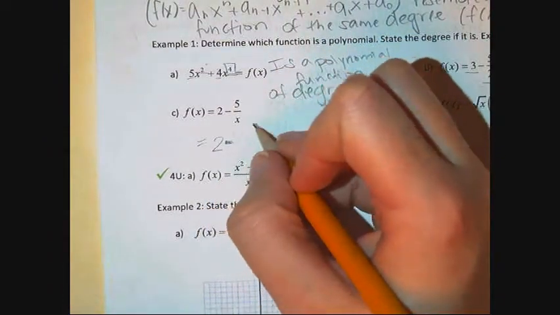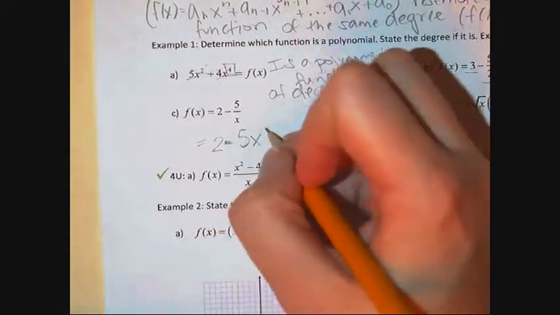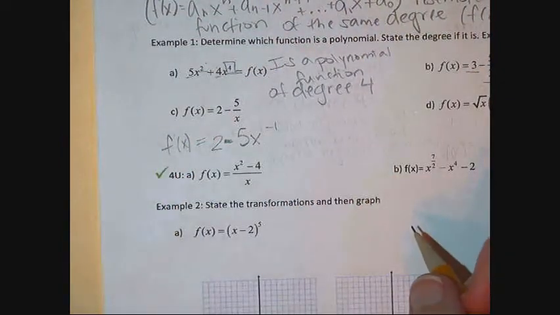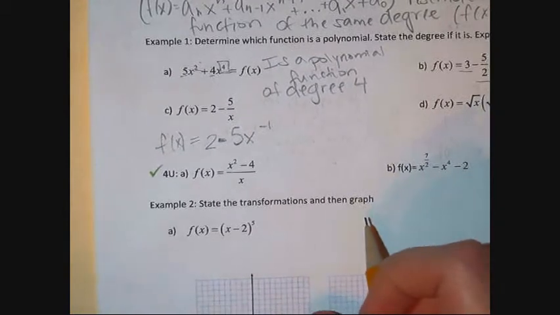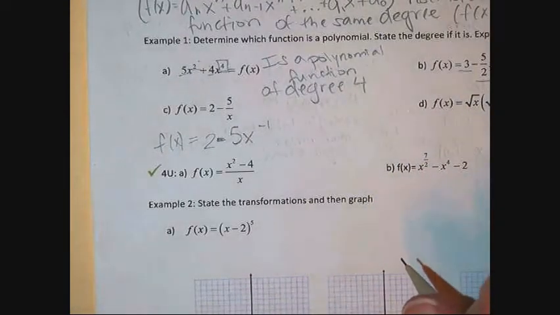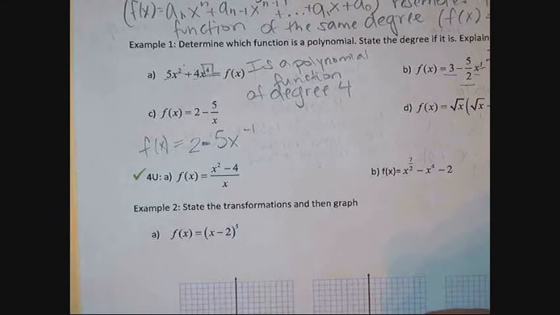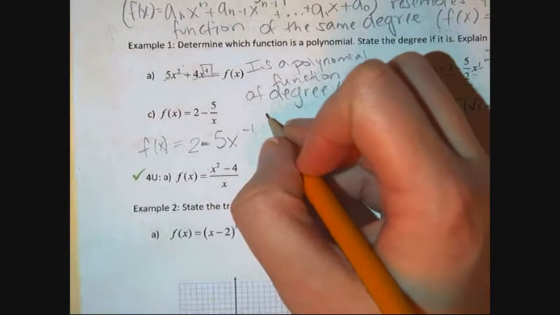So we can actually rewrite this as f of x equals 2 minus 5 times x to the negative first. Right? Okay. Now looking at this different version of writing this function, I can see right away that it doesn't fit my first criteria. I have a negative exponent.